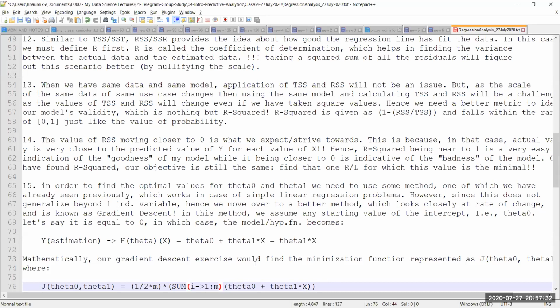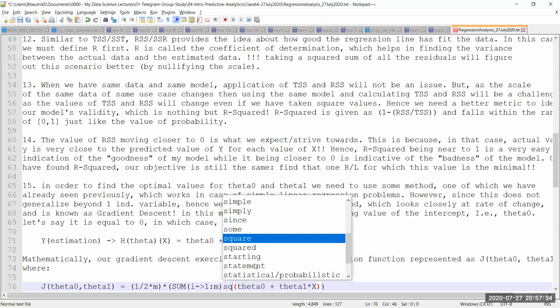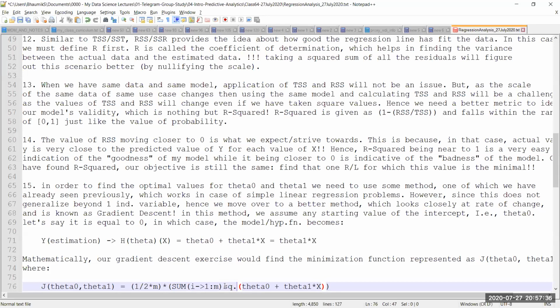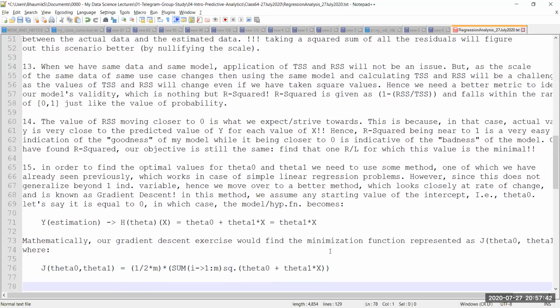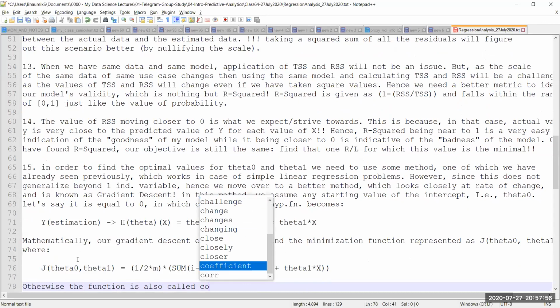So I take a square of this. Although this is not a very good mathematical representation, this is the best way I could write it. So j of theta 0, theta 1 is my minimization function, otherwise also called the cost function.